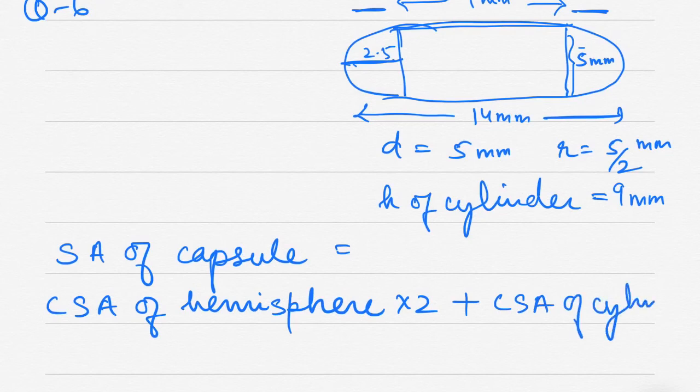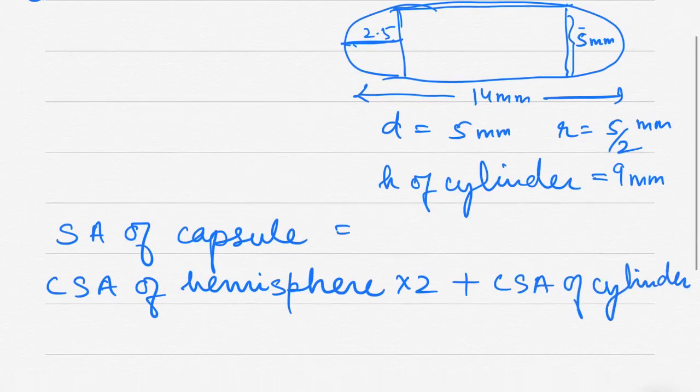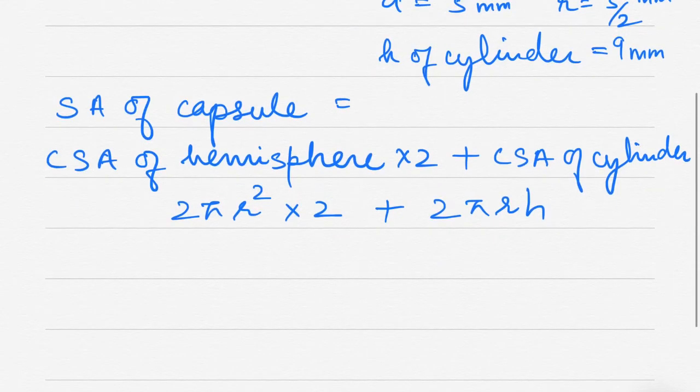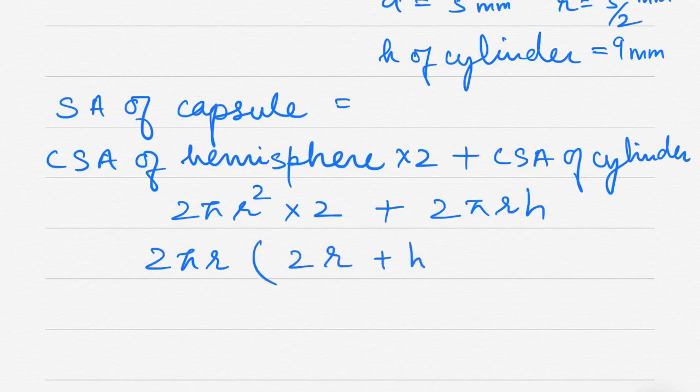So I have to add these 2 surface areas. The curved surface area of hemisphere is 2 pi r square into 2, which gives the curved surface area of one sphere, plus the curved surface area of cylinder, 2 pi r h. Now the radius is the same for both and 2 pi r is common, so I can take 2 pi r common in these two. What is left here? 2r plus h is left, right?